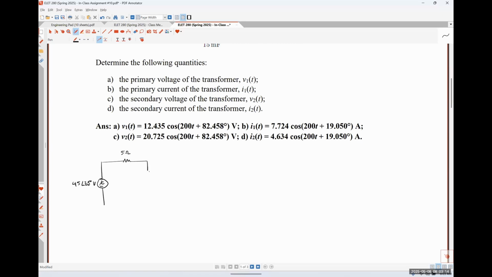Then I have my primary coil for my ideal transformer. Dot is on top. And then down here, I have a 15 millifarad capacitor. Does anybody remember how to determine the impedance of a capacitor?